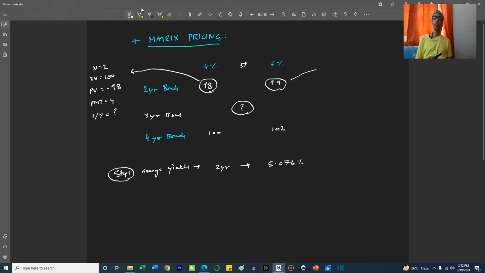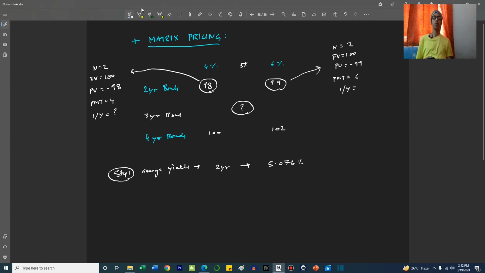Now the next one: N is equal to 2, FV again is 100, PV is minus 99, PMT is 6, we need to find the yield.